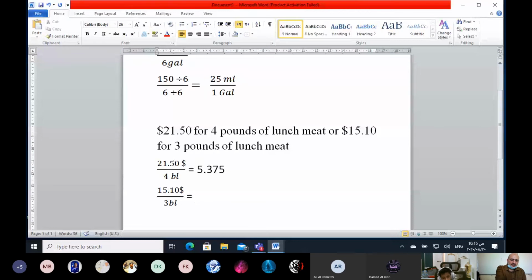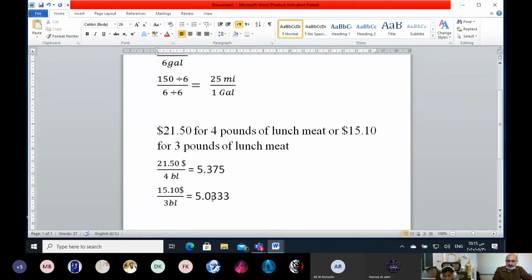Now we can use the calculator also. Try to find 15.10 divided by 3. Divide by 3 because here we have a 3, so divide up and down by 3. So 15.10 divided by 3 will be about 5.033.